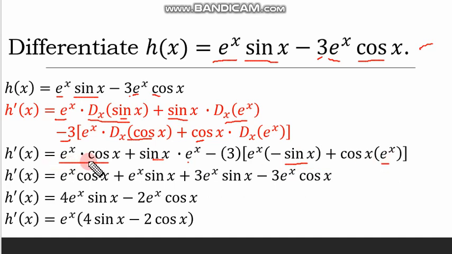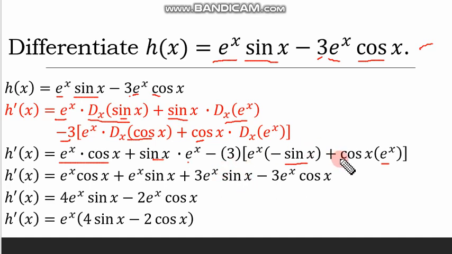Okay, so e raised to x times cosine x is e raised to x cosine x, plus sine x times e raised to x is e raised to x sine x, plus 3 times negative sine x is positive 3 sine x times e raised to x is 3 e raised to x sine x.